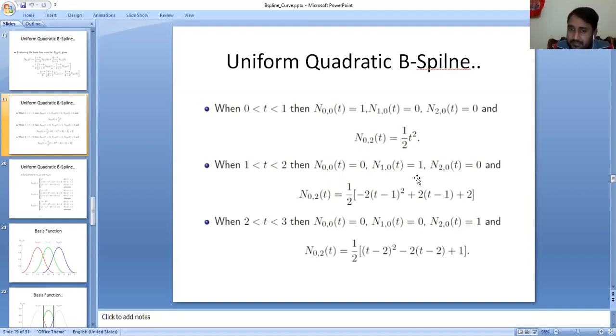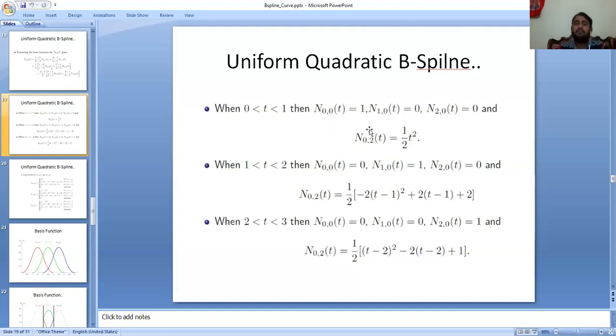So here it will be 1 and these both will be 0. Value of i is 1. And when this will be, this value will be 1 and the rest of the 2 will be 0. So according to this, we can calculate N0,2(t), N1,2(t), N2,2(t). So these three values will be calculated.